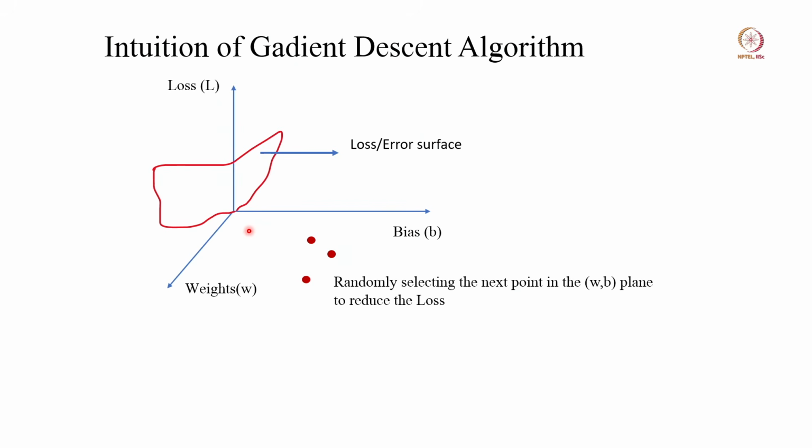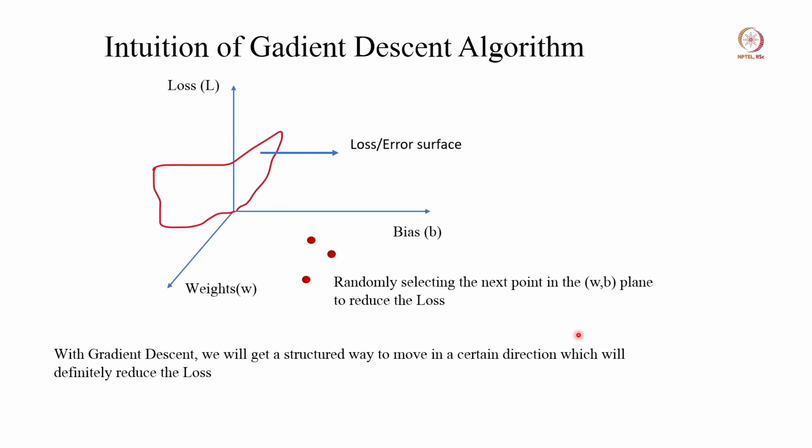Now, we can randomly select the next point in the weights and biases plane to reduce the loss, because we don't know which direction. Should I increase the weight? Should I decrease the weight? Should I increase the bias? Should I decrease the bias? I have no idea. So it is just randomly that we are trying to reduce the loss. Okay.